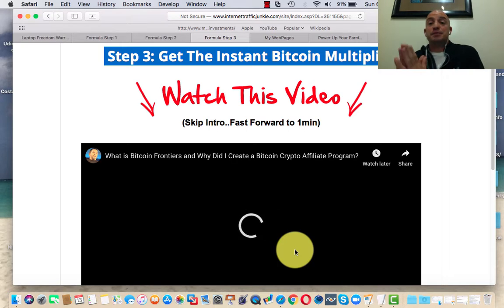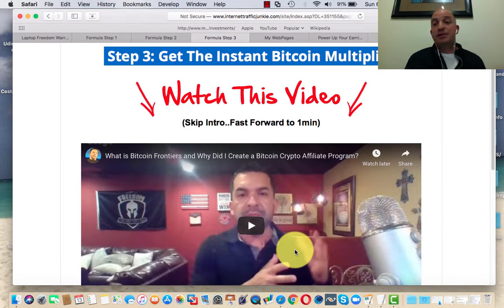Now, this second platform is the Bitcoin Frontier platform, and this is a platform where you're going to learn all about crypto and how to easily, in a simple way, like something that I can personally do because I'm new to the Bitcoin trading game, and I'm following this plan, this system to accumulate Bitcoin and multiply my Bitcoin, where I can cash in for US dollars and invest in other crypto or assets, right?